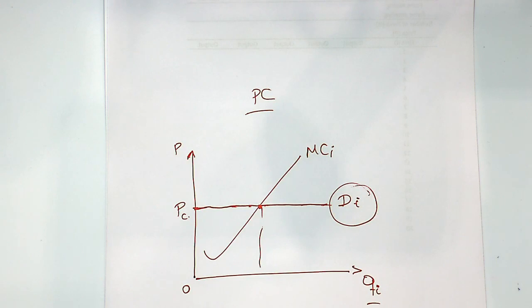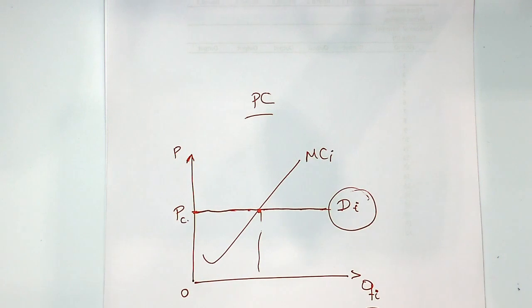Now, what's going to happen in monopoly is that my firm does have market power. So will the demand curve be horizontal? No, it's going to be the demand curve of the industry.